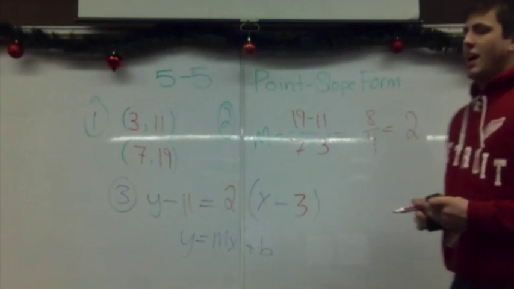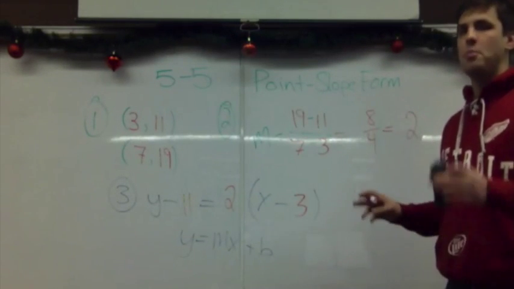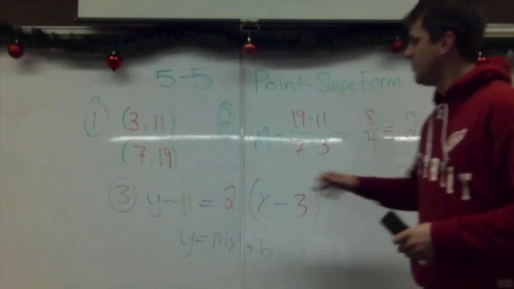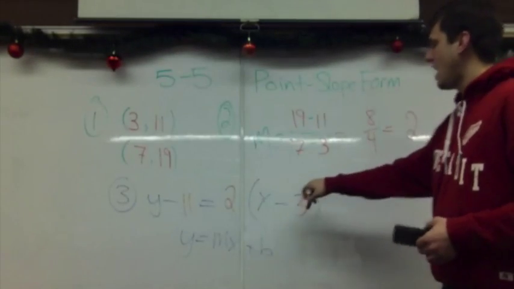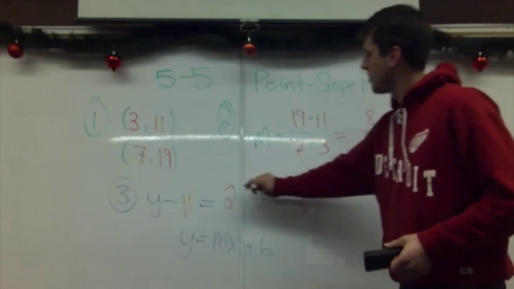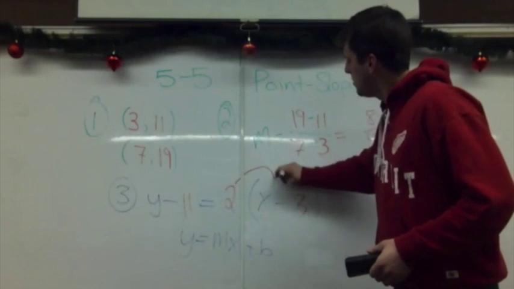Now we simplify. And there's one important thing you need to notice. This 2, the slope, has to distribute to x and negative 3. So we're going to distribute here.